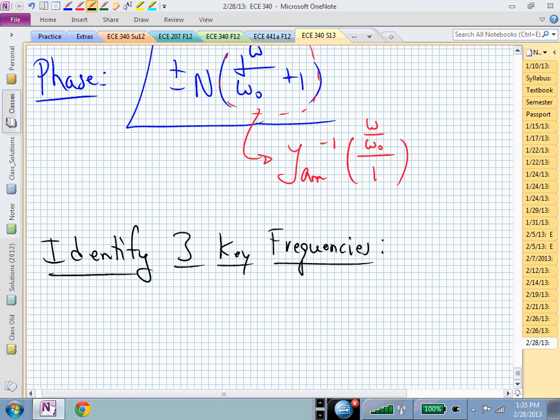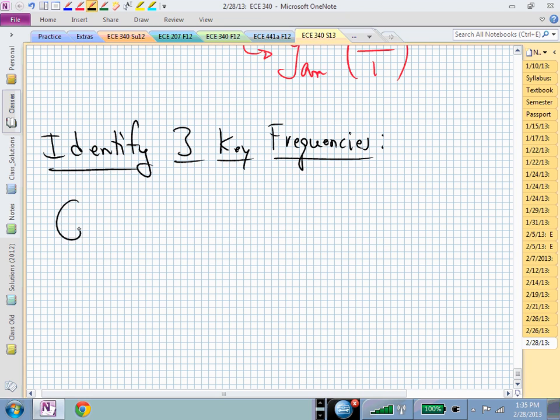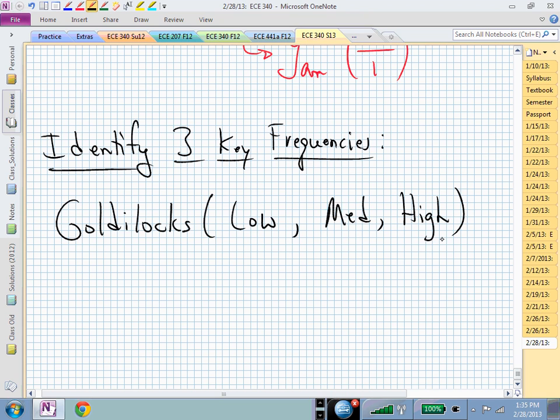Just to give you a way of thinking of that, or what in the world is he talking about, let's just tie it to Goldilocks. Meaning, we're going to have a low frequency, we're going to have a medium frequency, and we're going to have a high frequency.